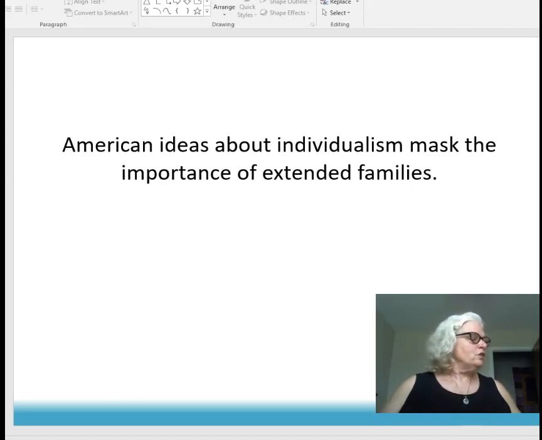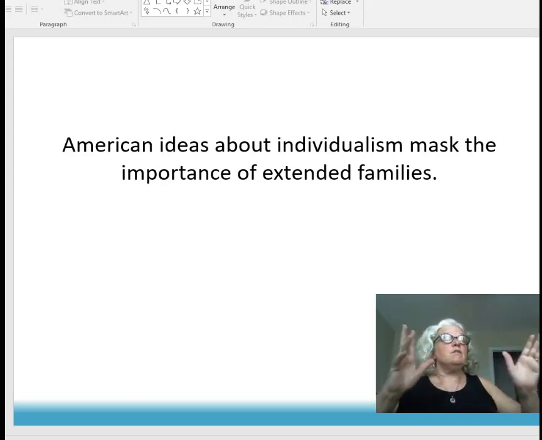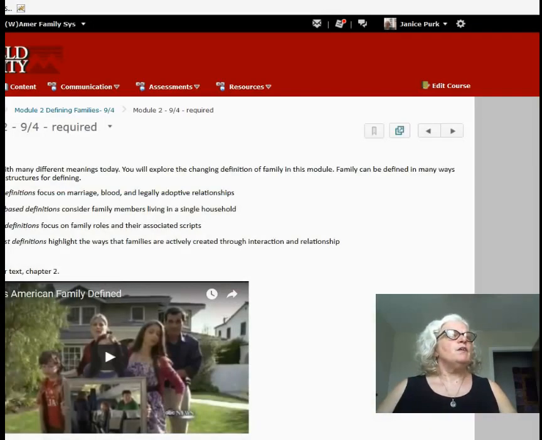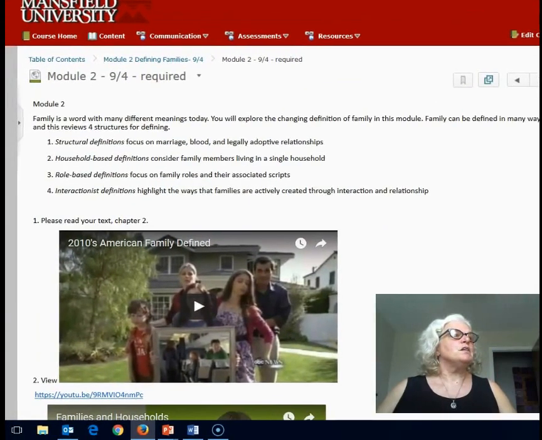Sociologists use those four approaches to define family, and Americans are becoming more inclusive in their definition of family. They're including more people, and extended kin are increasingly becoming important in family. That's really different than what you might be thinking about, like the Waltons. More extended families exist today than in the past. So as we define family, it does look somewhat different, doesn't it?